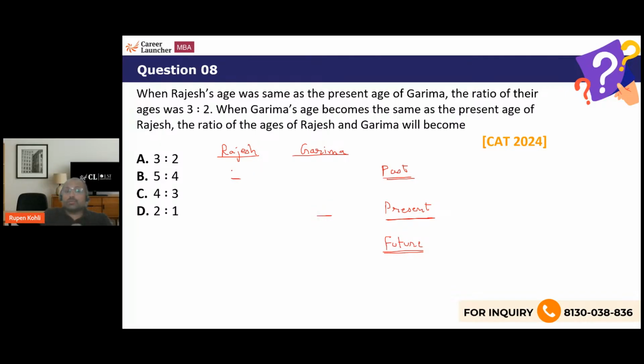So clearly, Rajesh is older than Garima, because Garima becomes as old as Rajesh in the future, right? Okay, so for 3 to 2, I will define the ages as 3K and 2K in the past, and Garima is now 3K as well, as old as Rajesh was. Now, what becomes the present age of Rajesh?